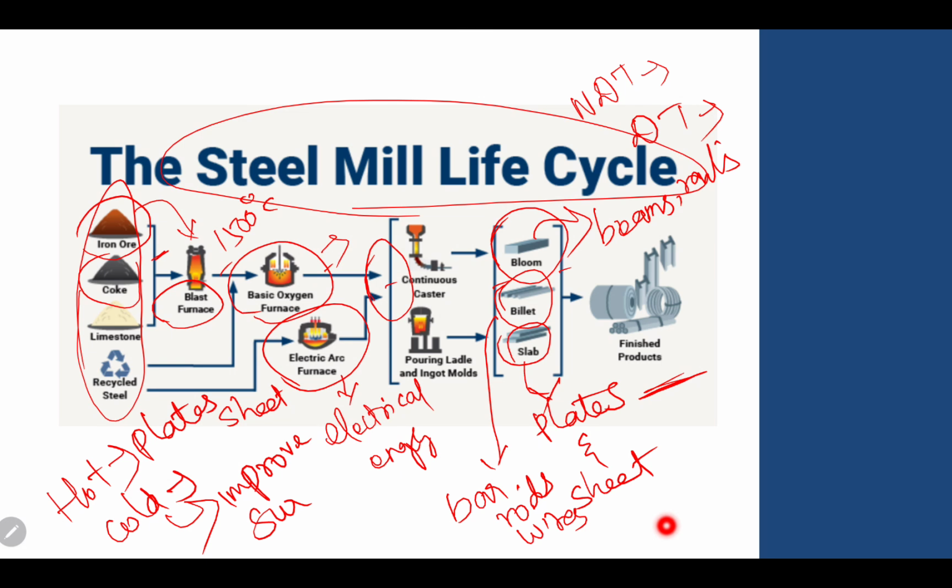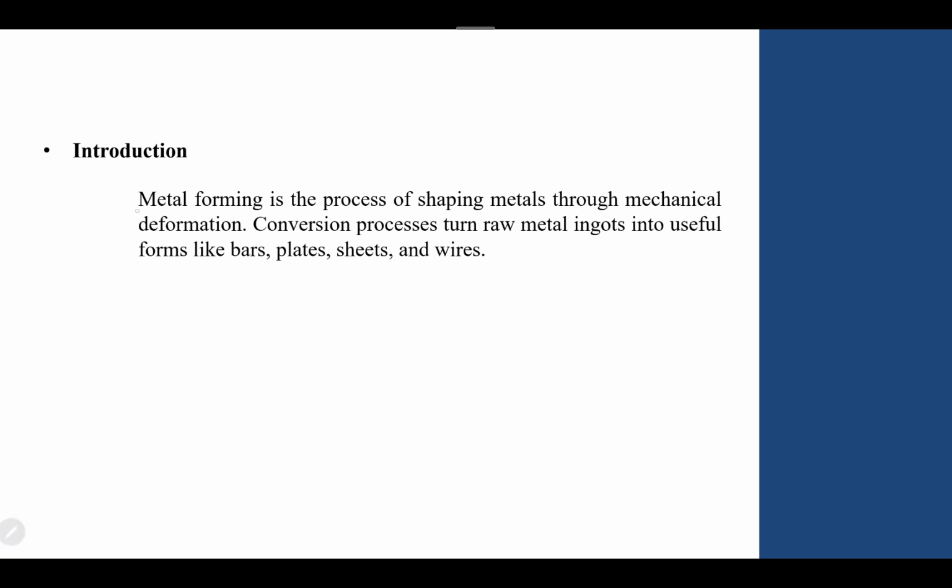So here we start the introduction to metal forming and conversion process. As NDT professionals, we regularly inspect metal components. Knowing how these components are initially formed gives us valuable insight into potential areas of concern for flaws, defects or inconsistencies.